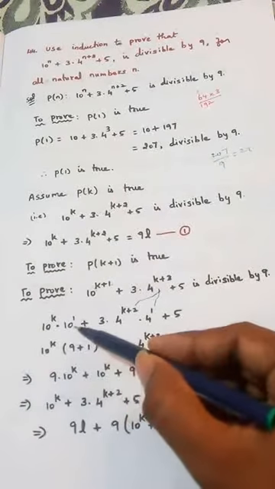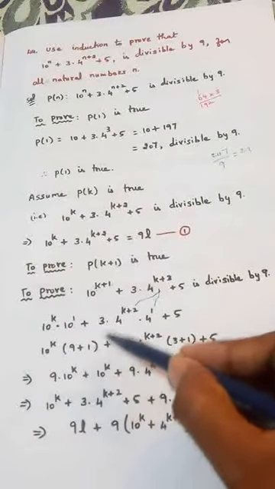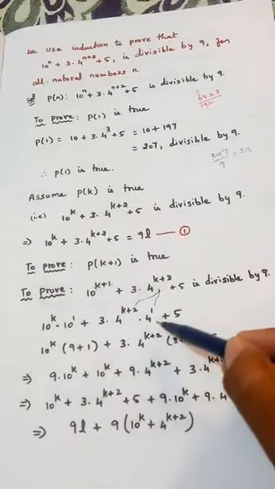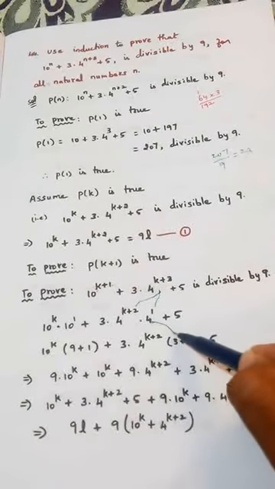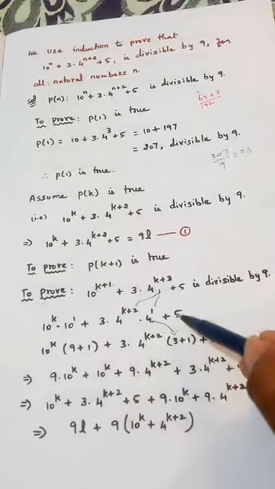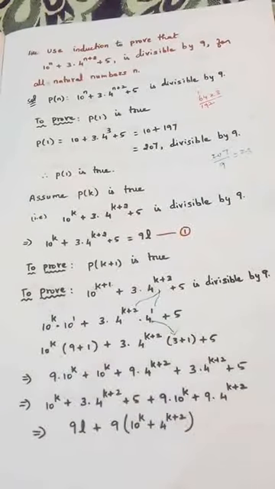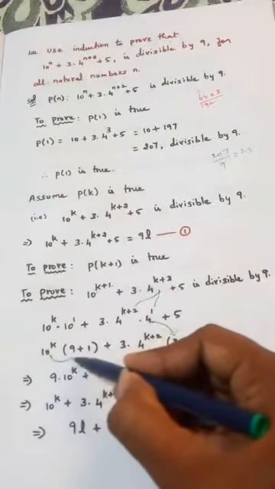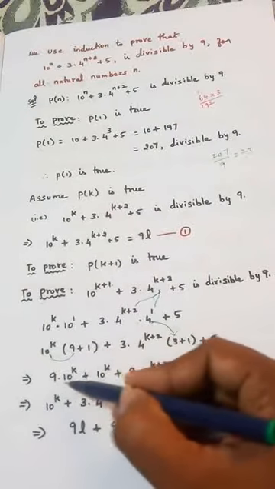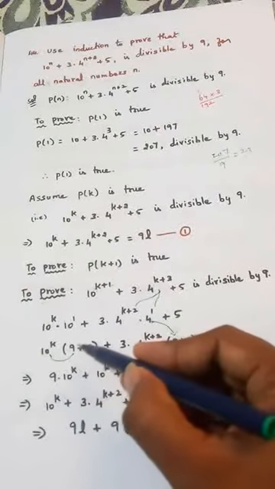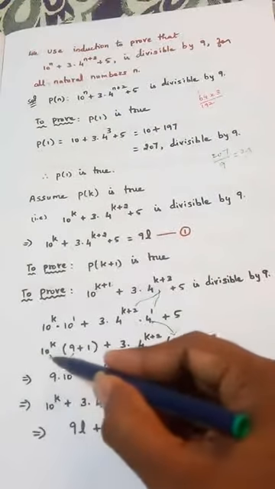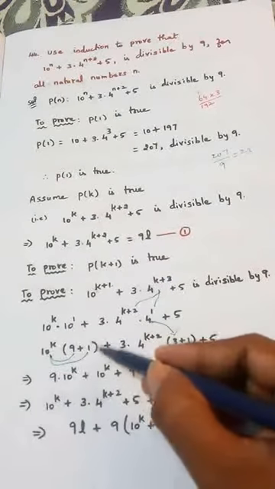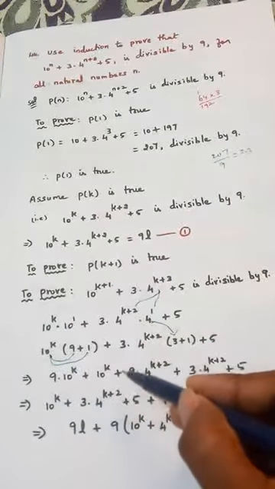10 power k, 10 is written as 9 plus 1, plus 3 into 4 power k plus 2, 4 is written as 3 plus 1. Then plus 5. Now taking this 10 power k inside, so 9 into 10 power k, dot means into, keep that in mind. 10 power k goes to 1, it becomes 10 power k into 1, 10 power k.